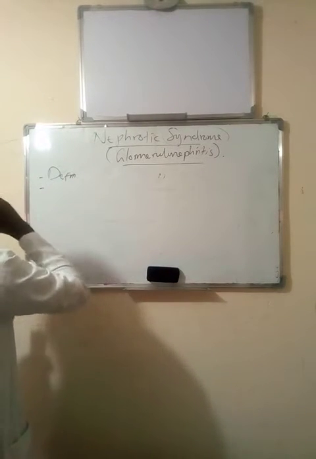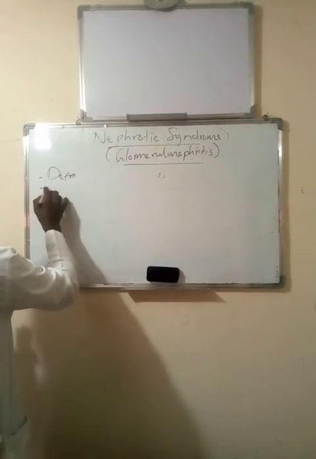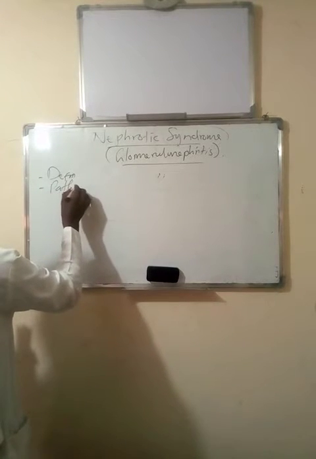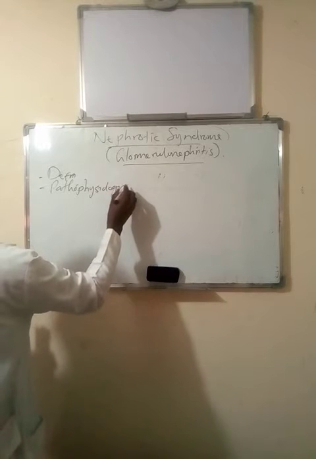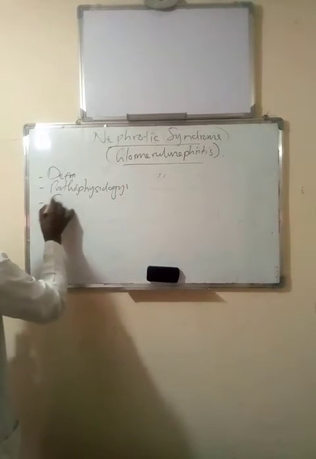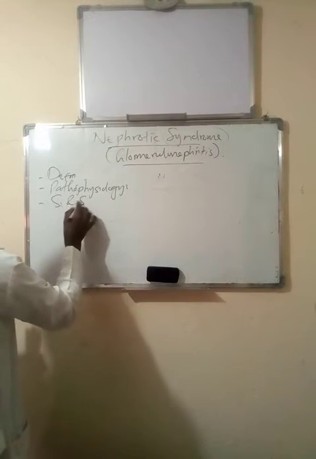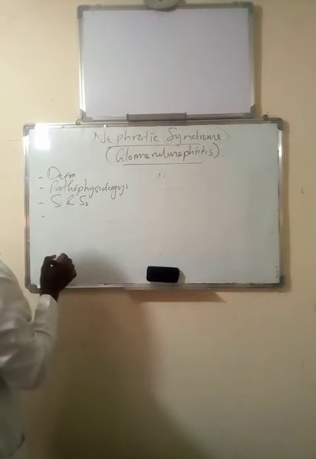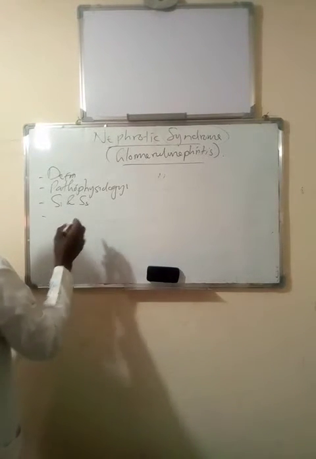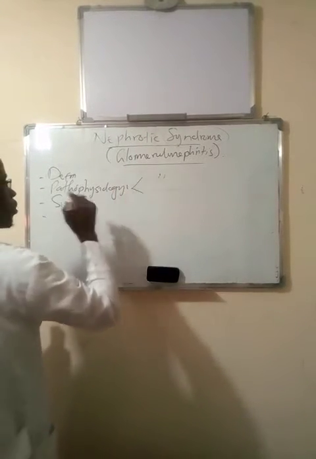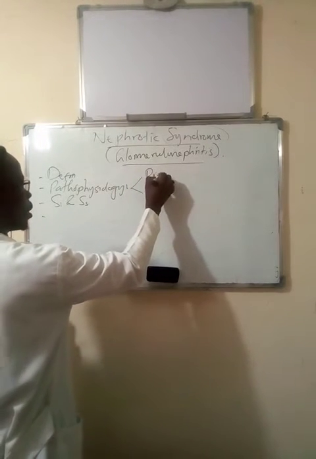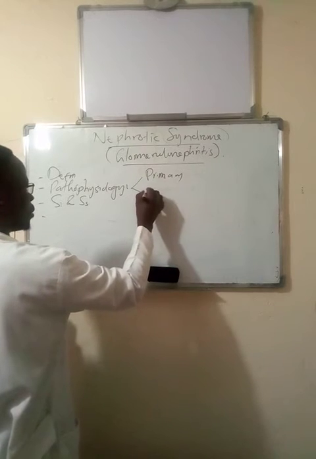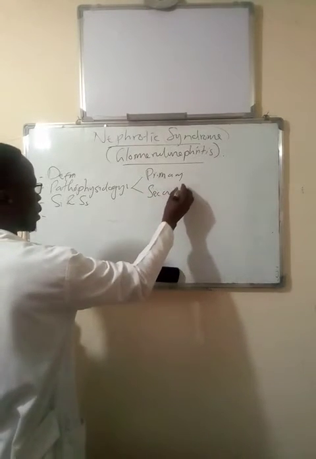Then we shall look at the pathophysiology, and other than pathophysiology, we'll also look at the signs and symptoms. Under pathophysiology, I'm briefly going to talk about the causes, which are primary and secondary.